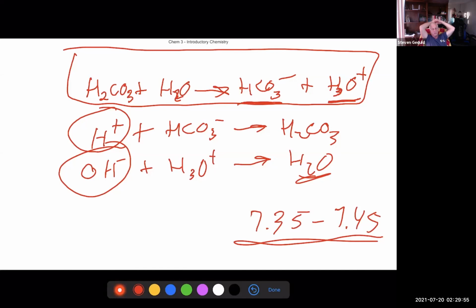If that pH range changes, then those enzymes stop working, and your body dies. So these buffering systems are extremely important. So all buffering means is if you add H plus, like an acid, it tones it down so it doesn't increase the H plus too much. If you add OH minus from a base, it absorbs some of it, so you don't increase your basicity that much. And it keeps it in a narrow range.